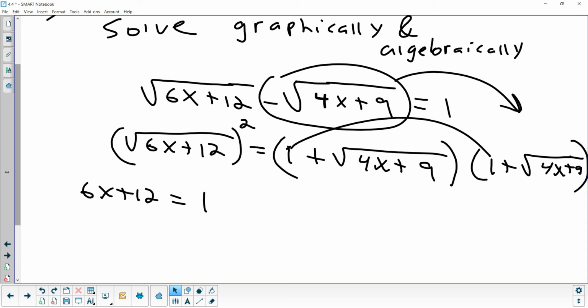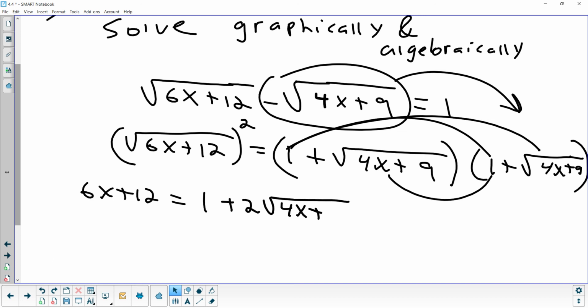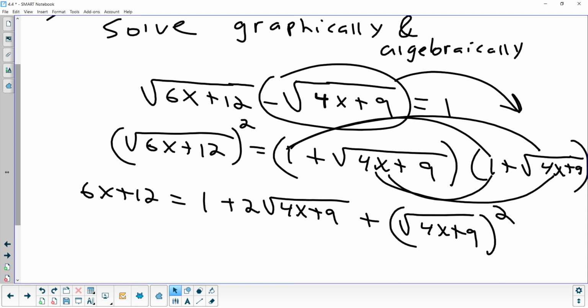That's 1 times the square root of 4x plus 9. And another 1 times the square root of 4x plus 9. That's 2 of them. 2 of the square root of 4x plus 9s. And the last part is the square root of 4x plus 9 times the square root of 4x plus 9. So you could think of it like this. But when you multiply 2 square roots that are the same, the square root cancels.